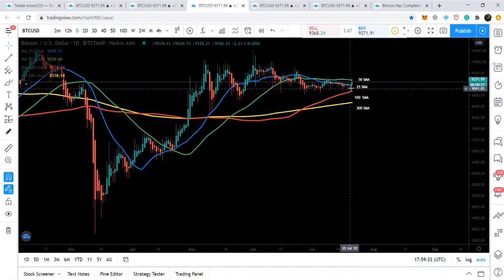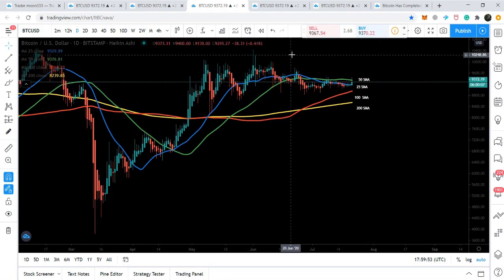At this time, we can expect that the 25 simple moving average can move up as the price action is trying to break out of the 50 simple moving average. Once the price action is able to break out of the 50 simple moving average, then definitely the 25 simple moving average will also follow the price action, and it can form a bull cross with the 50 simple moving average.